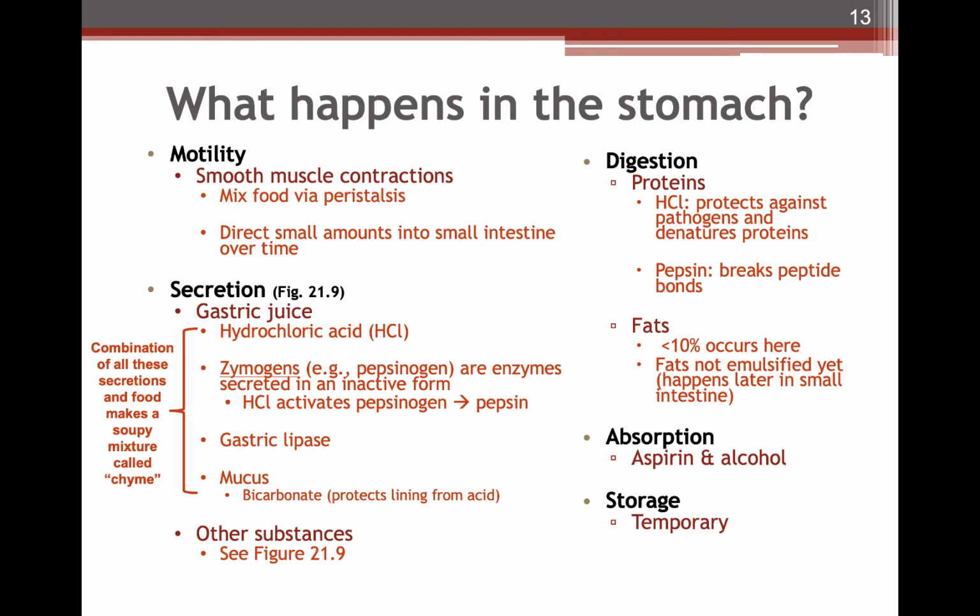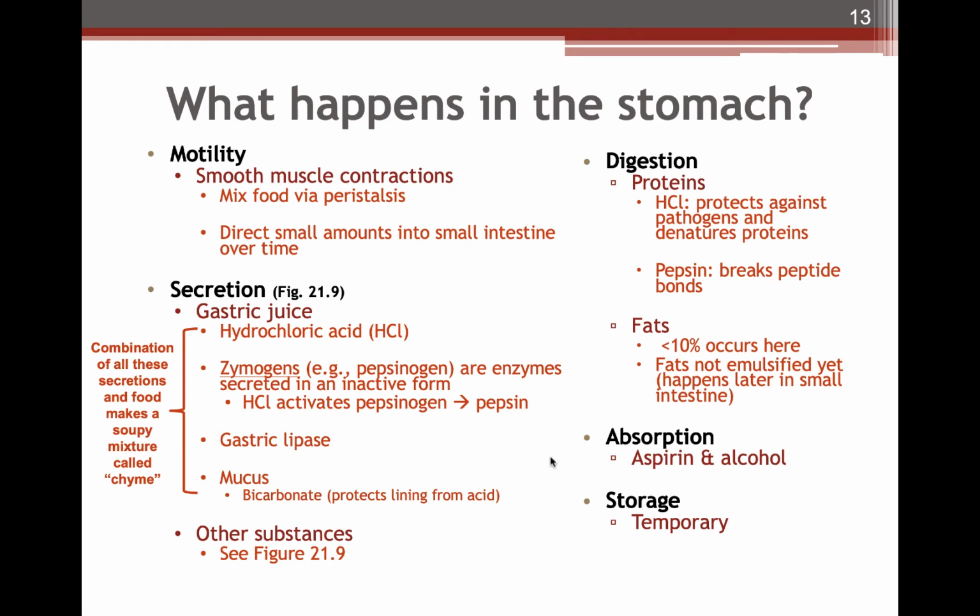And one example of that is pepsinogen being converted into pepsin in the stomach. Pepsin is an enzyme that starts the digestion of proteins in the stomach. When you see this suffix, -sinogen, that implies that this enzyme is in an inactive form.